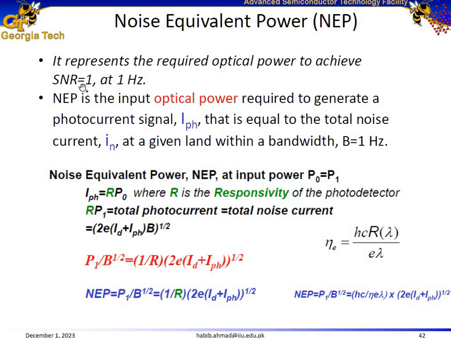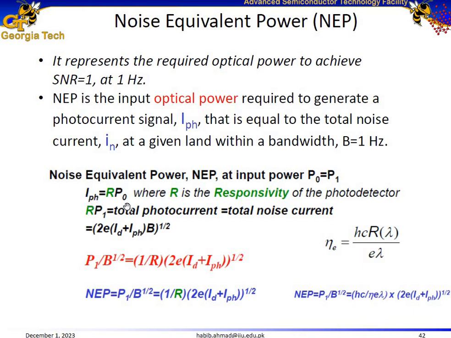So noise equivalent power is the minimum power required for the operation of a photodetector. In this case, SNR is equal to 1, which means that the signal power is equal to the noise power.